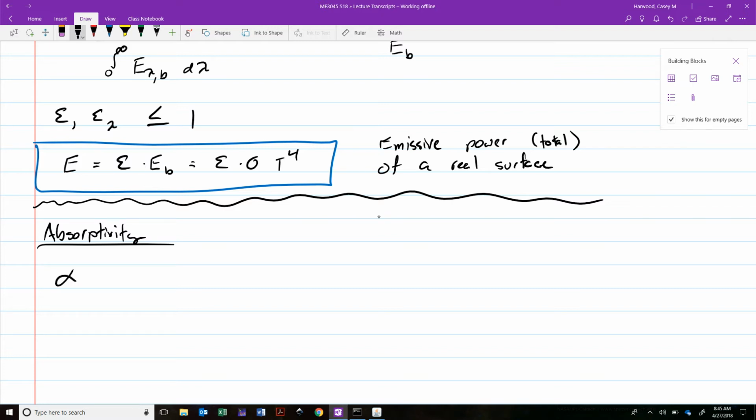And let me write alpha is equal to the integral of the spectral absorptivity times the spectral irradiation.